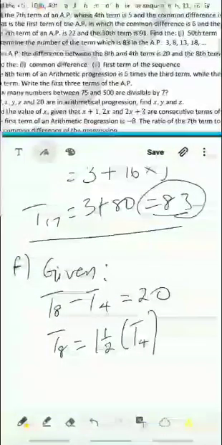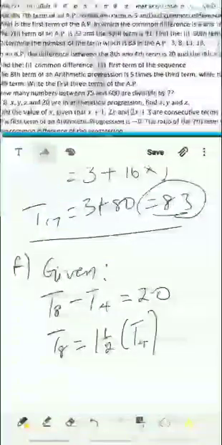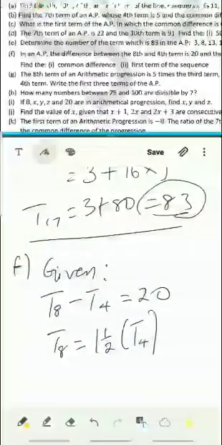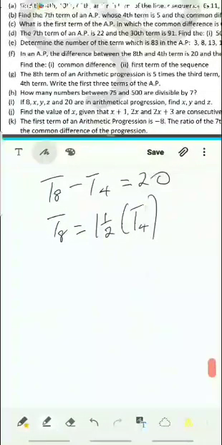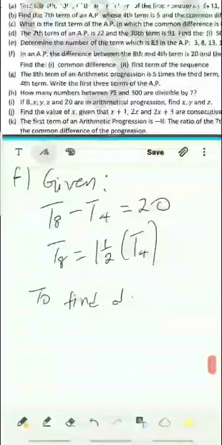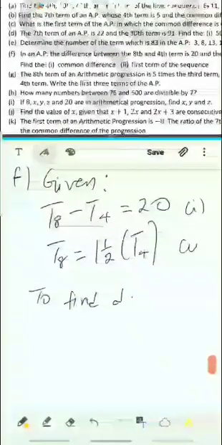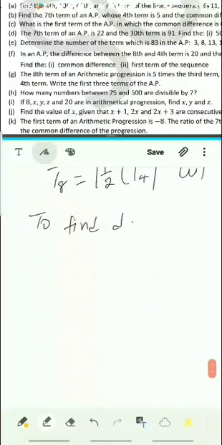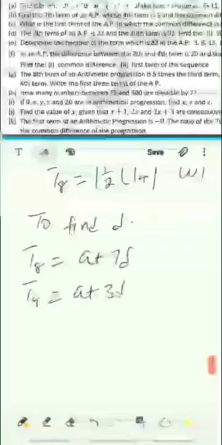So what are we to do? Find the common difference and the first term of the sequence. Okay, so to find it, this is the first statement and this is the second statement. T8 is A plus 7D, and T4 is equal to A plus 3D.